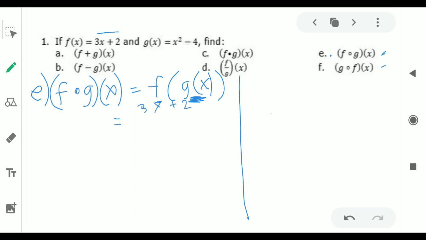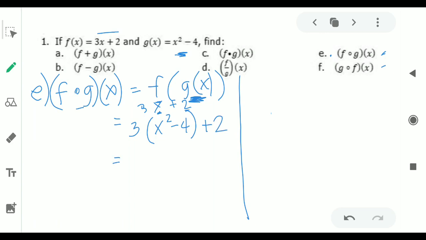Now take note, in composition, or in f circle g of x, we will substitute x in 3x plus 2 by g, that is x squared minus 4. So this will be 3 times x will be substituted by x squared minus 4. Okay. Then copy plus 2.